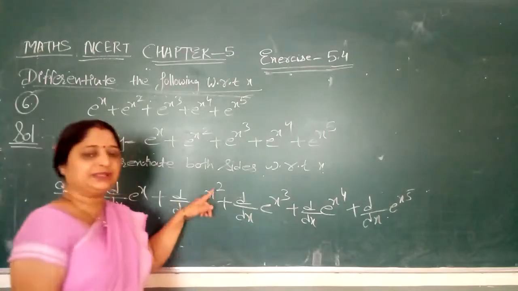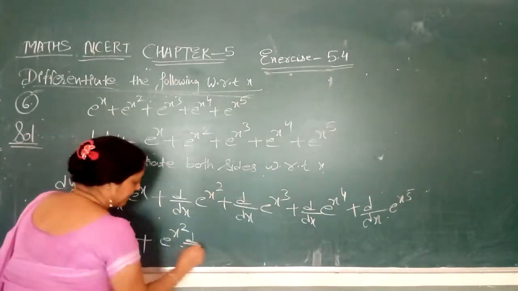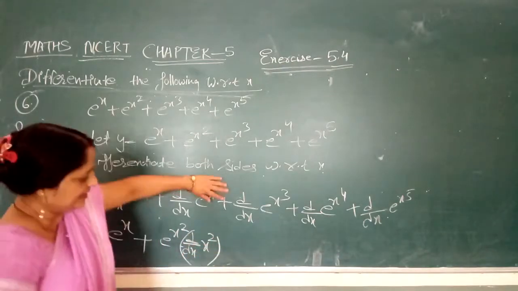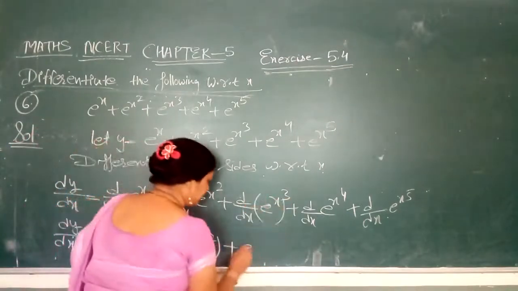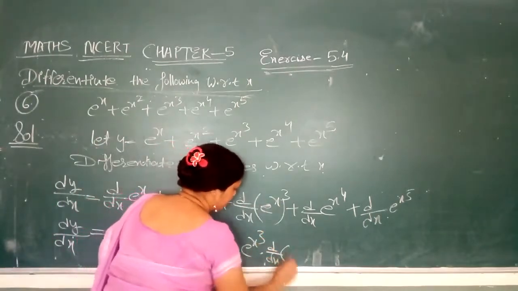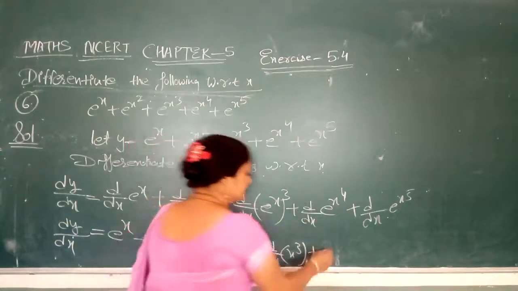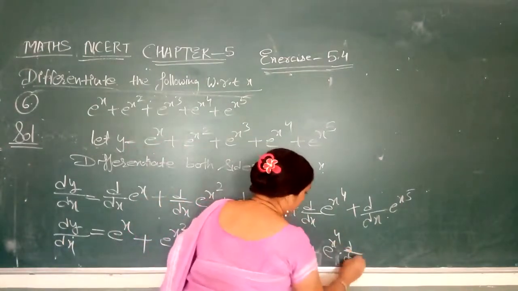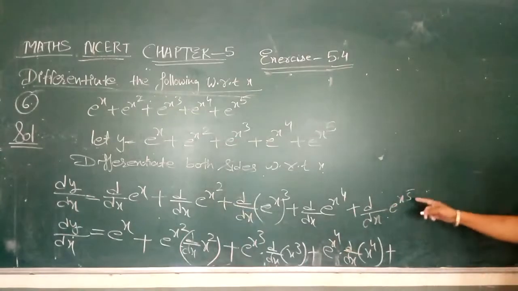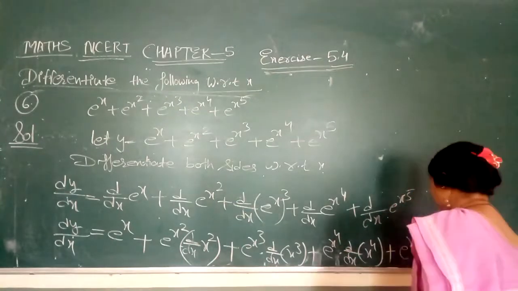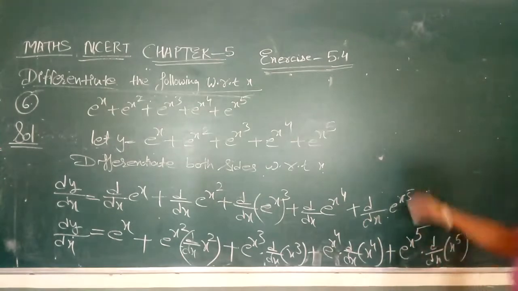The derivative of e^(x²): this is theta, so the derivative of e^x is e^x, so e^(x²) as it is, times the derivative of x². Similarly, the derivative of e^(x³) is e^(x³) into the derivative of x³. Plus the next term: the derivative of e^(x⁴) is e^(x⁴) into the derivative of x⁴, plus the derivative of e^(x⁵) is e^(x⁵) into the derivative of x⁵.